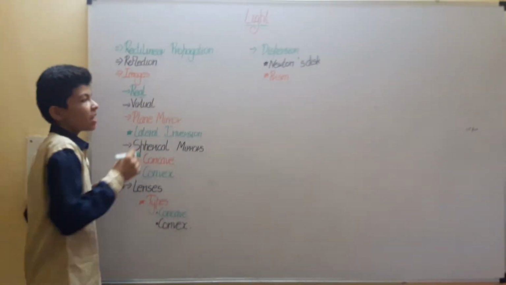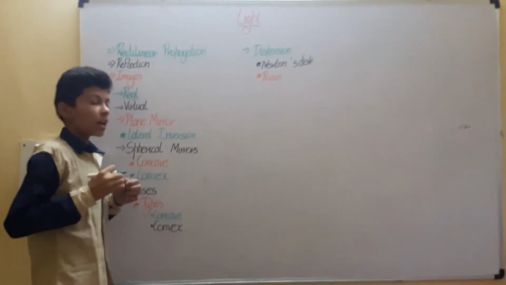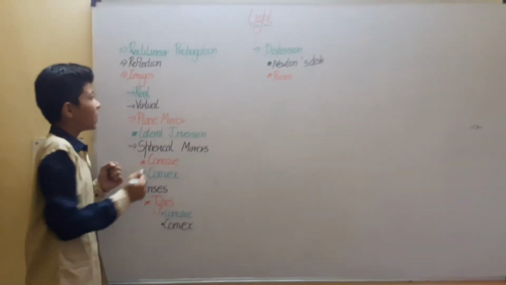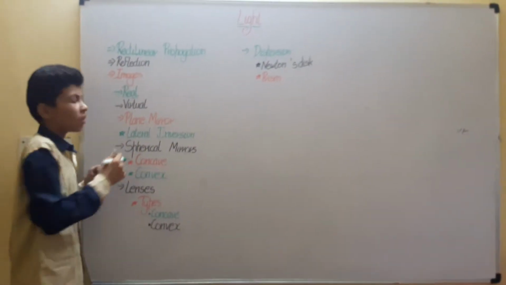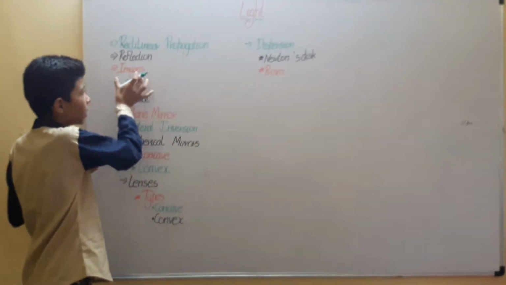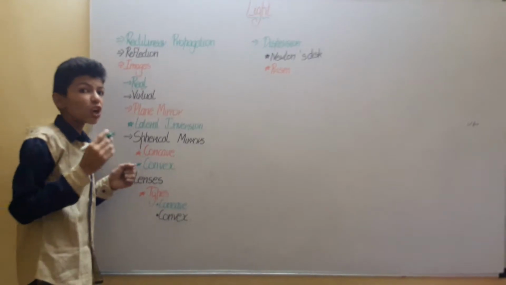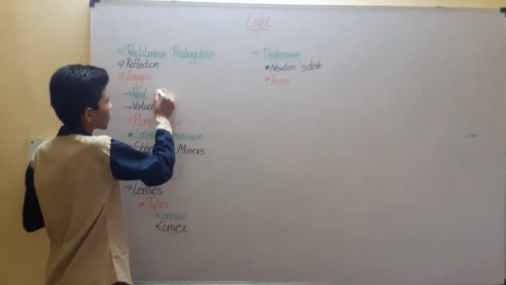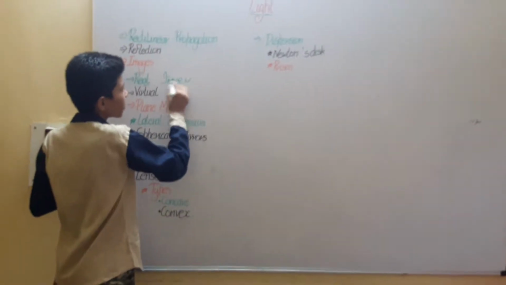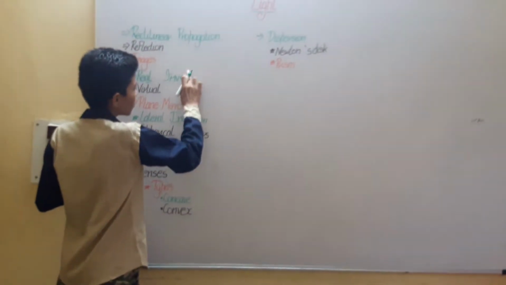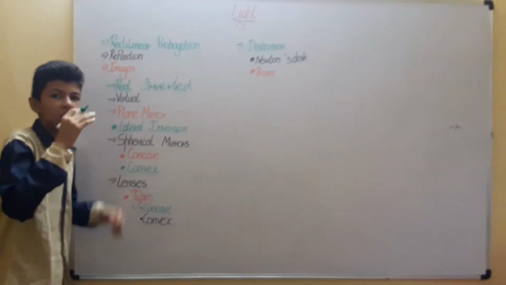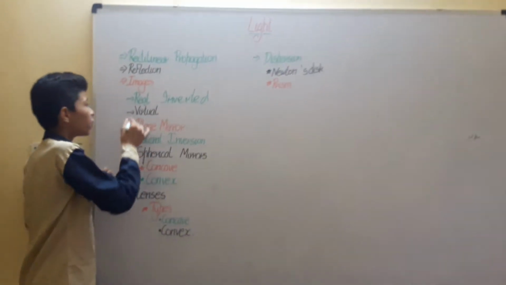First, real image. A real image is an image which can be caught on a screen. When an image is a real image, it is always inverted.